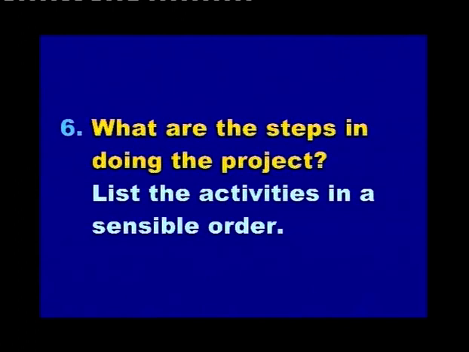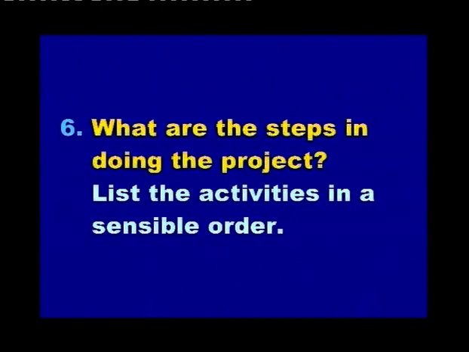Now we have the last factor to consider when making an action plan. And I'd like Jennifer to read it for us. What are the steps in doing the project? Okay, the steps in doing the project.